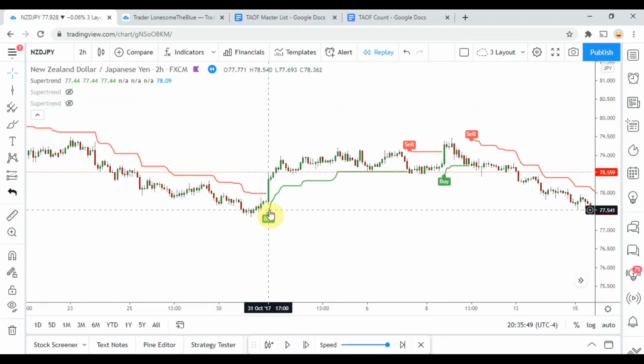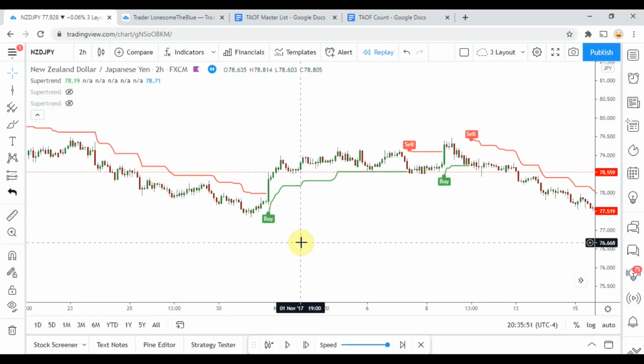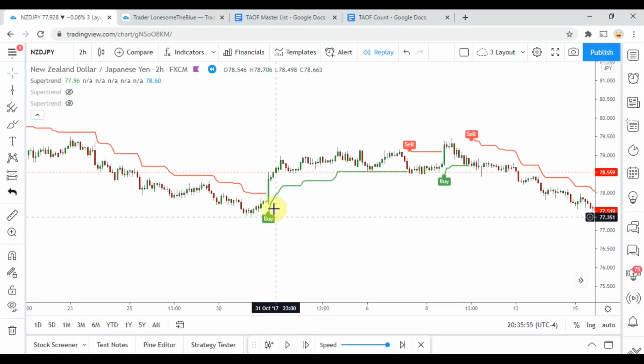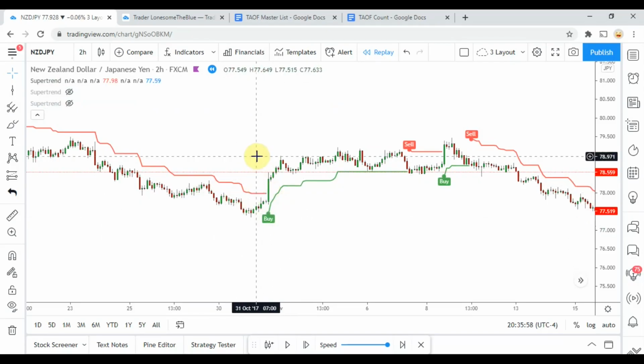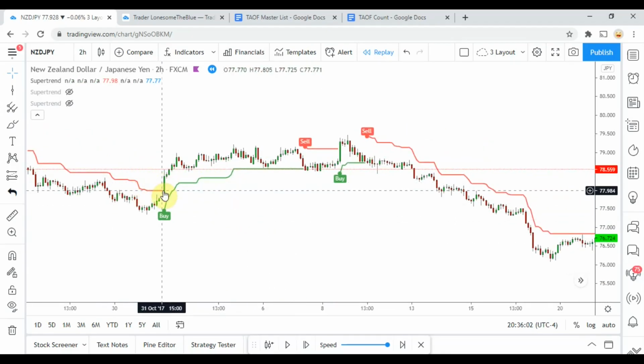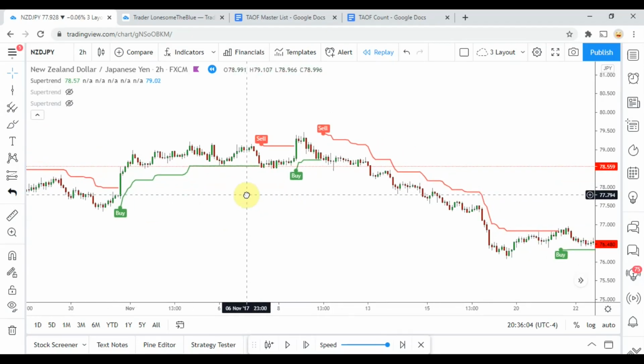And you can see that, very similar to the parabolic SAR, the super trend will jump up or down above the price action, depending on what direction it wants you to go in.